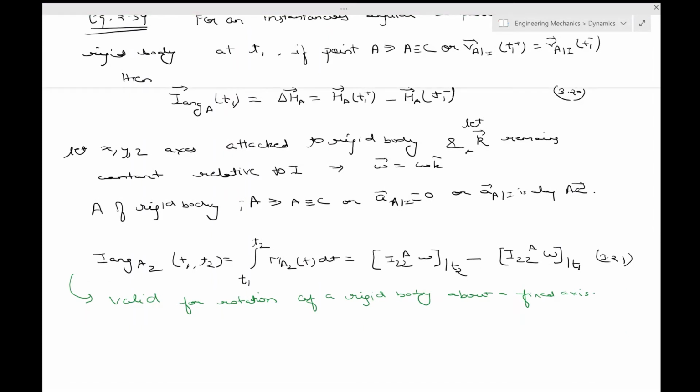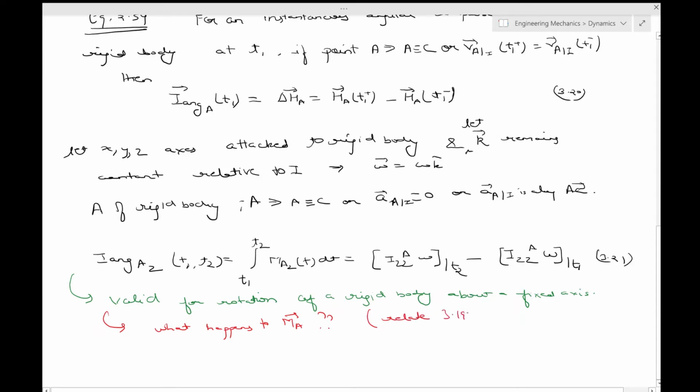So let me write in red what happens to M_A in this case. Okay, you have to relate it to 3.19 again.